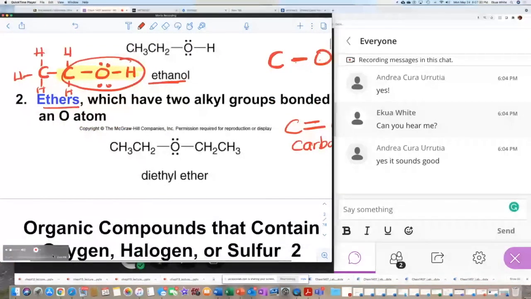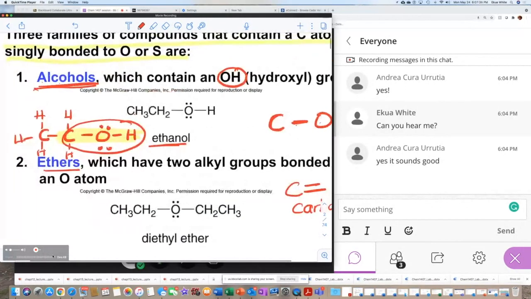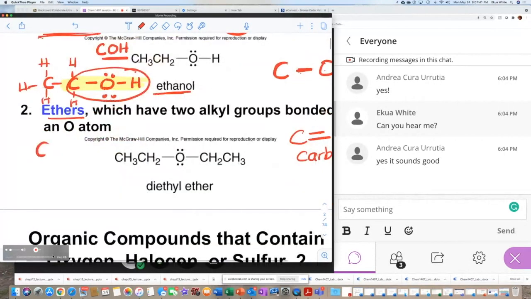What about the ether? So with alcohol, we have C-O-H. With ether, you need a C-O-C combination. So in this case, you have to have a carbon directly attached to an oxygen via a single bond, and then the oxygen is again attached to a carbon via a single bond.